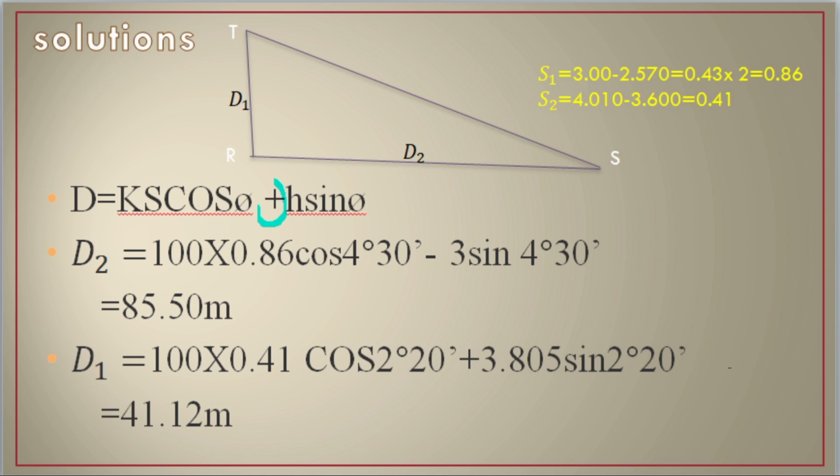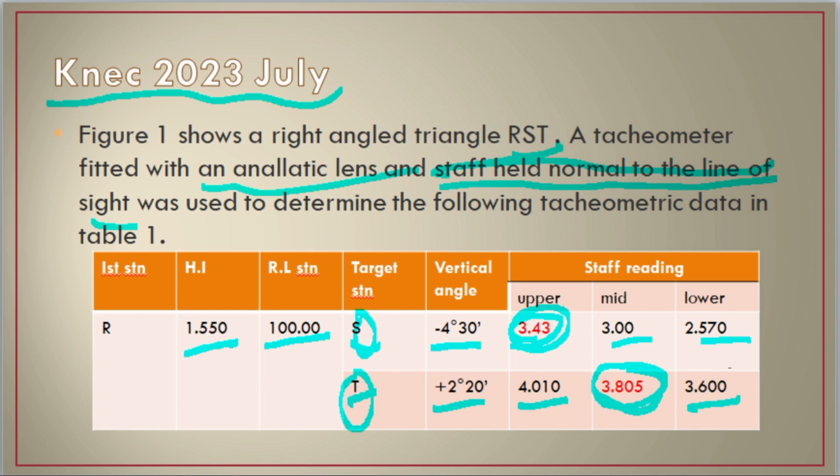In our question earlier we had not been given those two values, so we are only given the middle and the lower. So the difference between these two will give me, so when you draw the 3 crosshairs, the distance between the mid and the lower, because this is a fixed hair tachometer, this deviation there, the difference between those two is also the difference between the middle and the upper.